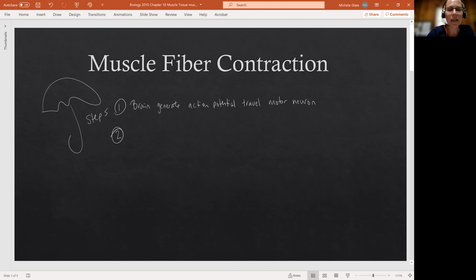The second big step then is our action potential. I'm going to use the word jump because we have that synaptic cleft that we have to go over from the motor neuron to the skeletal muscle fiber.